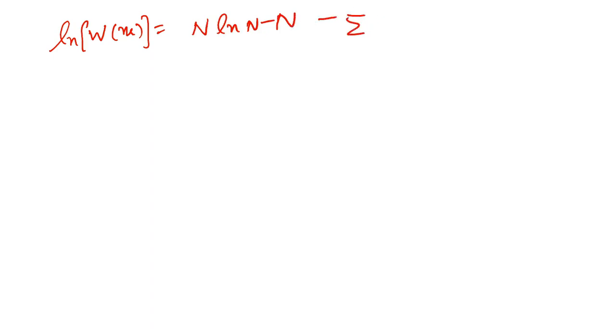So using Stirling's formula, log of N factorial becomes N log N minus N, minus the summation of nr log nr minus nr.